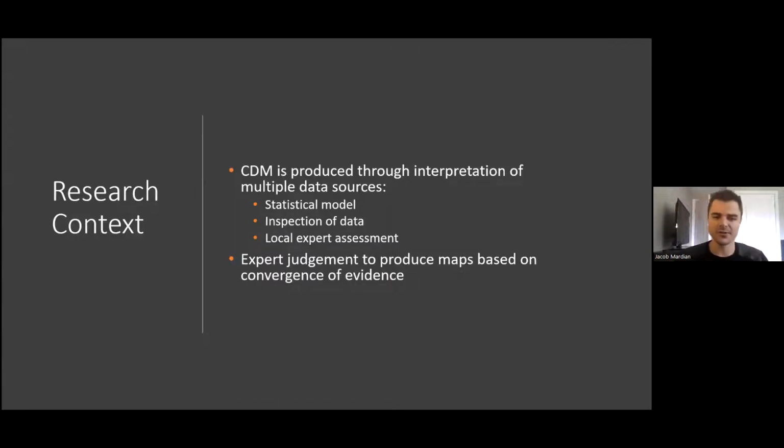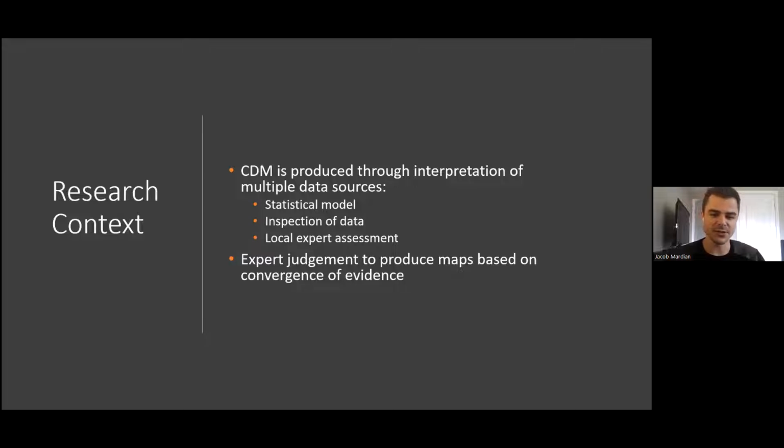Now this drought monitor is produced through an interpretation of multiple data sources. This includes a machine learning model and includes expert inspection of this data to fix clear errors in the model. There's some consultation with local experts who may understand drought impacts on the ground, for example, those in water resource management.